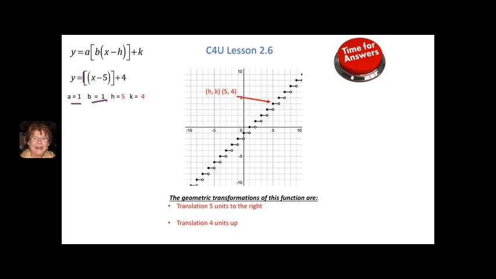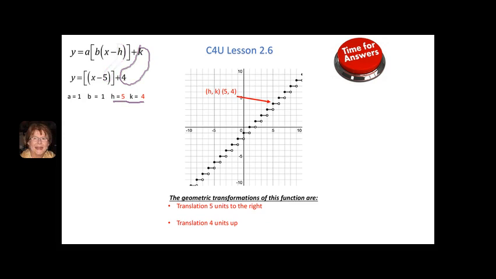It's understood that it's 1. The b is the number inside the square bracket in front of the x. Here it's understood it's 1. The h, be careful, h is equal to positive 5. And the k is equal to positive 4. That determines our starting point.